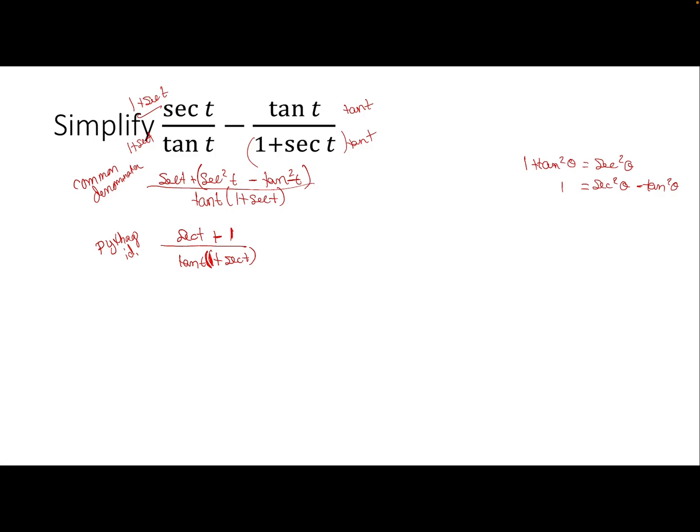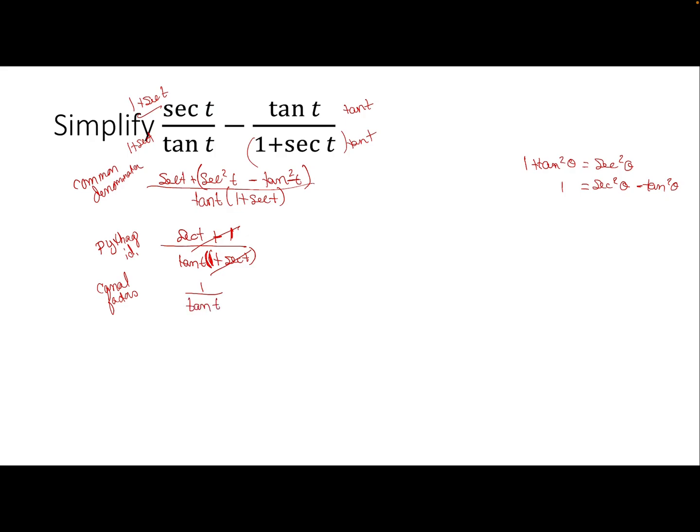And in the numerator, I have a secant t plus 1. In the denominator, I have 1 plus the secant of t. They're both factors, so we can cancel factors or simplify. And in the numerator, I'm left with a 1, and in the denominator, I'm left with a tangent of t.